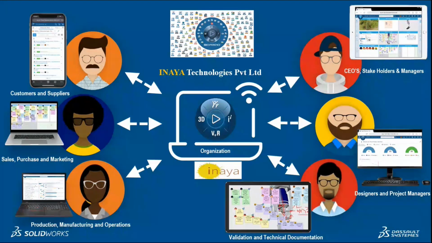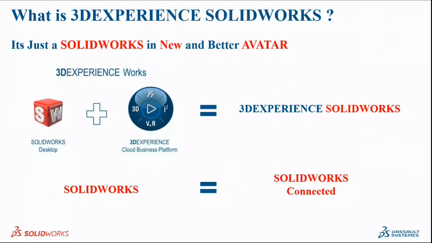To give them a single common interface and help them collaborate on all the regular industrial activities, the 3DEXPERIENCE platform comes into the picture, and we are providing the roles for each and every division which is suitable for them.